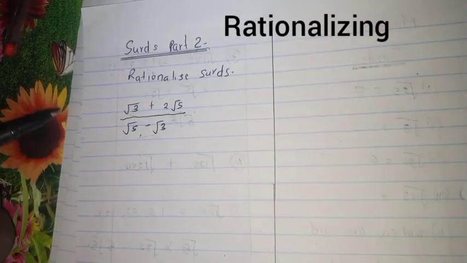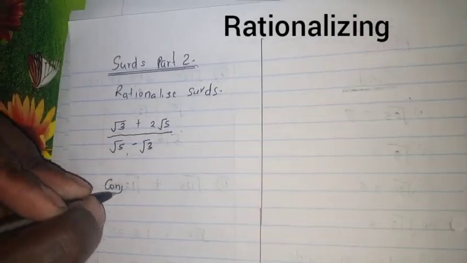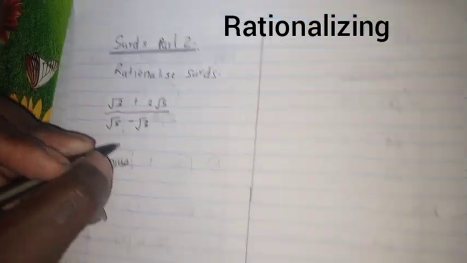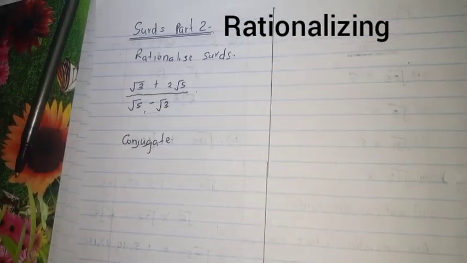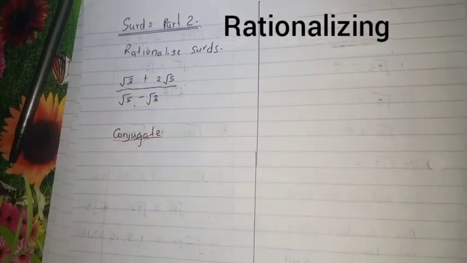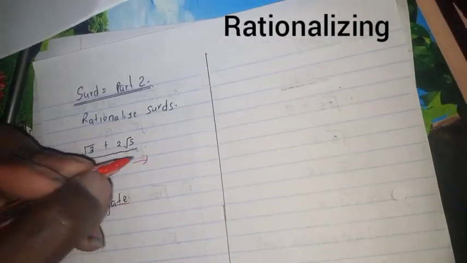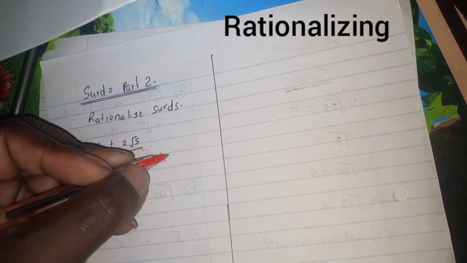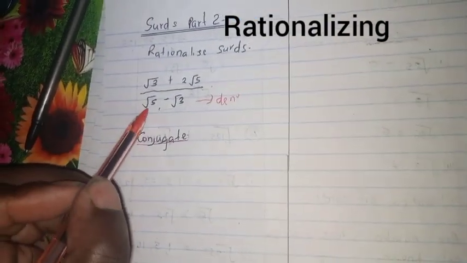Now, to solve it out, we first identify something called the conjugate. And what is a conjugate? We normally look at the denominator here, and with the denominator, we just look at the conjugate of that one.